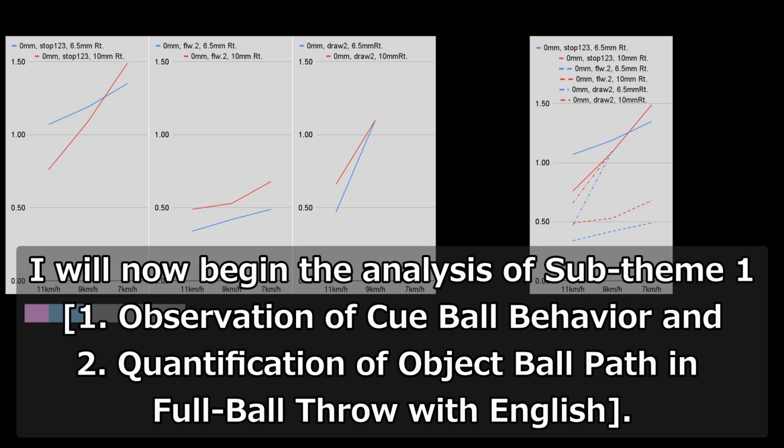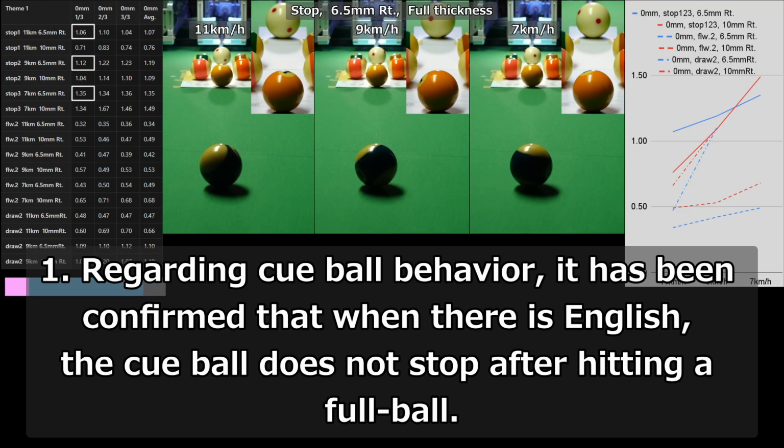I will now begin the analysis of Subtheme 1. 1. Observation of cue ball behavior and 2. Quantification of object ball path in full ball throw with English. Regarding cue ball behavior, it has been confirmed that when there is English, the cue ball does not stop after hitting a full ball.